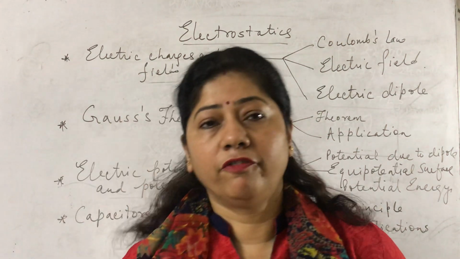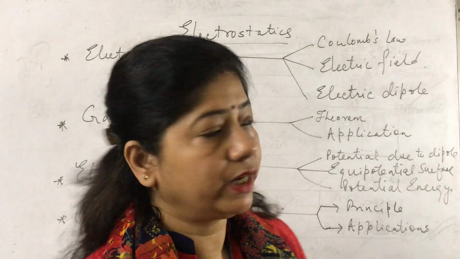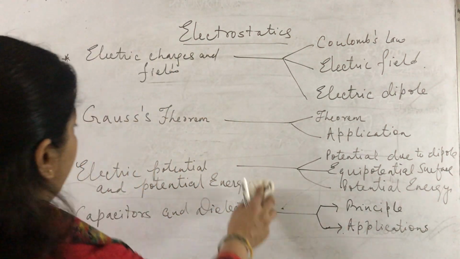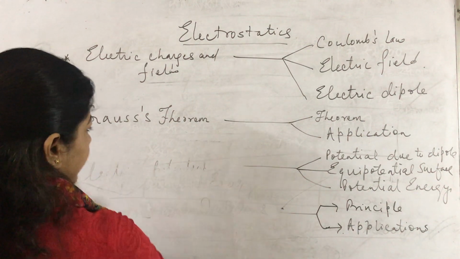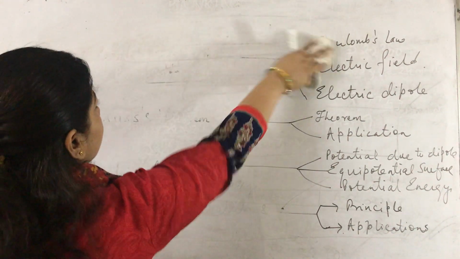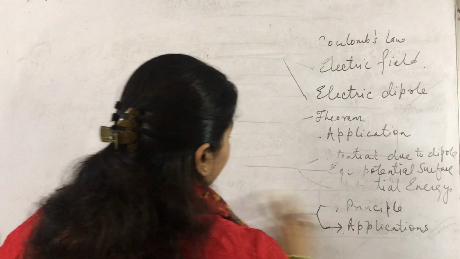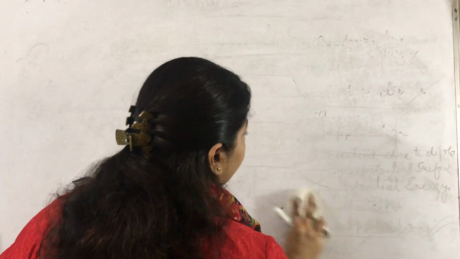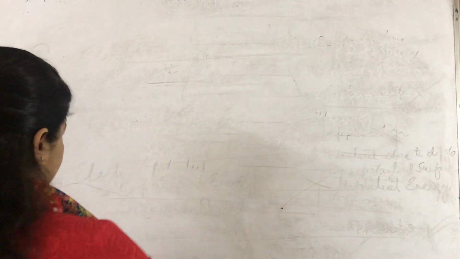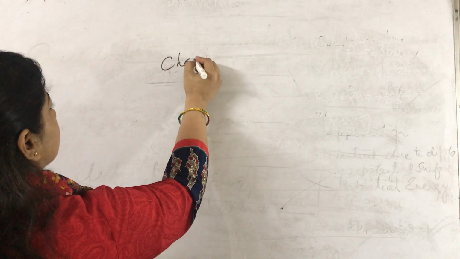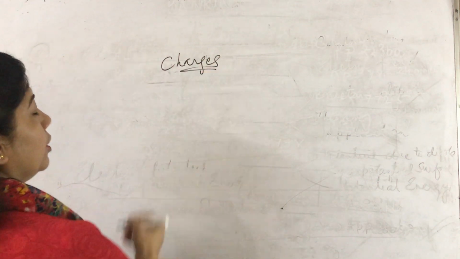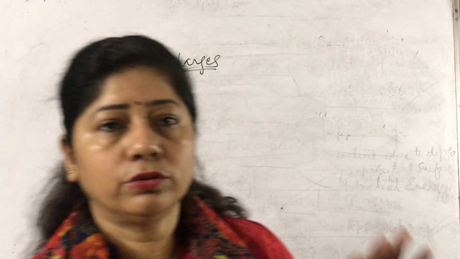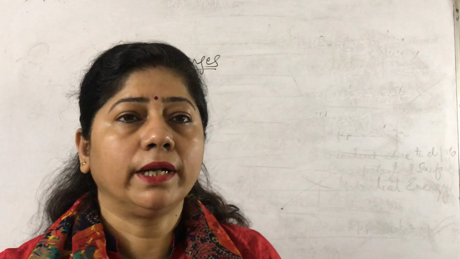Now today I just want to do an introduction to Coulomb's law, and explain the basic important things that you need to know. When you do Coulomb's law, the first thing you need to know is about the charges. Charges are quantized.